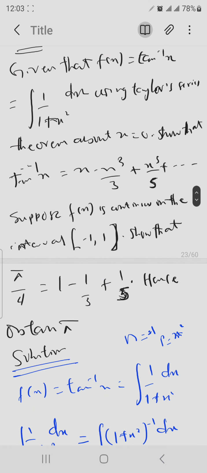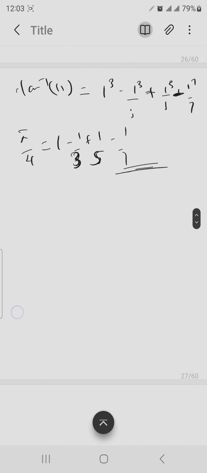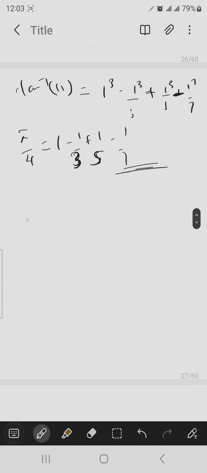So it means you are going to find the function for 1 raised to the power, when x equals 1 is what you are going to use. So they now say that you will now calculate pi. Now calculating pi here means that you already have pi over 4. They say that this equals 1 minus 1 over 3 plus 1 over 5 minus 1 over 7.